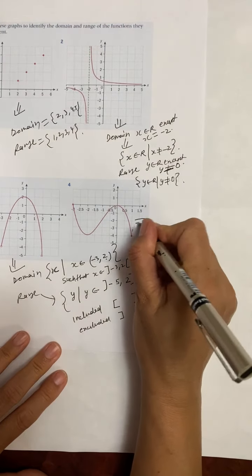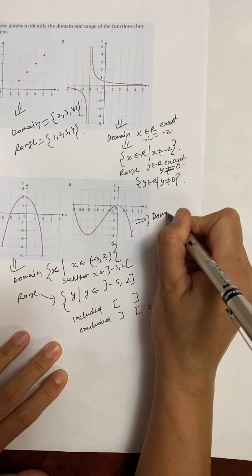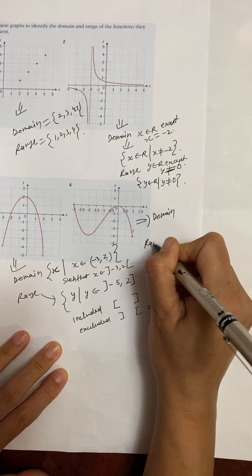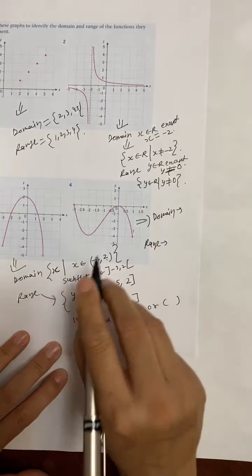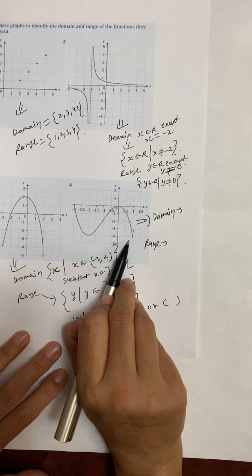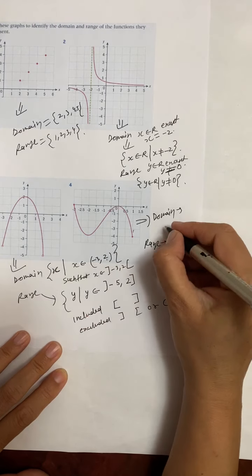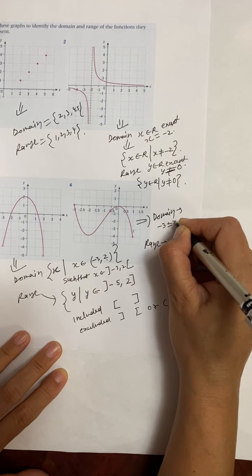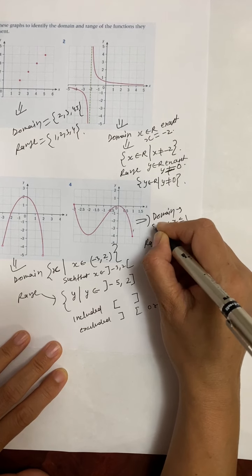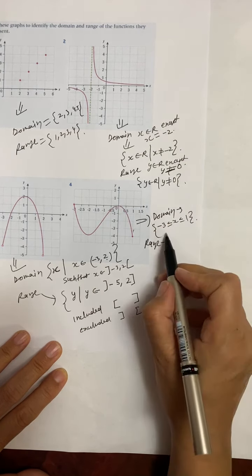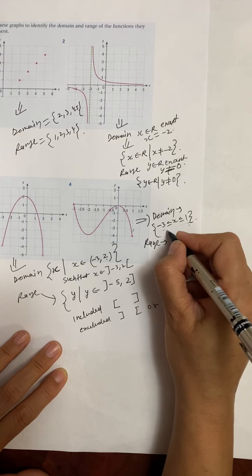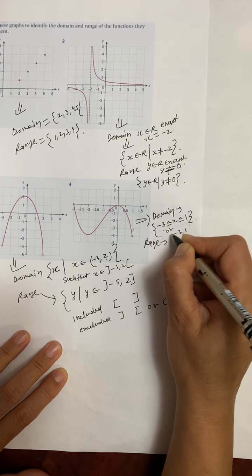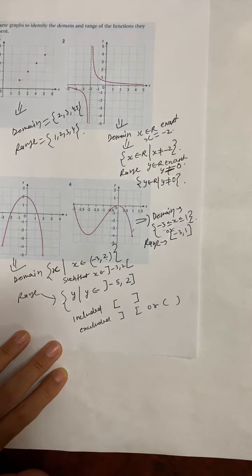Now here, domain and range again. The domain in this case: -3 and 1 are included, which means -3 less than or equal to x less than or equal to 1. That's your domain. Again, you can express it like this, or you can write [-3, 1], and both of them are included.